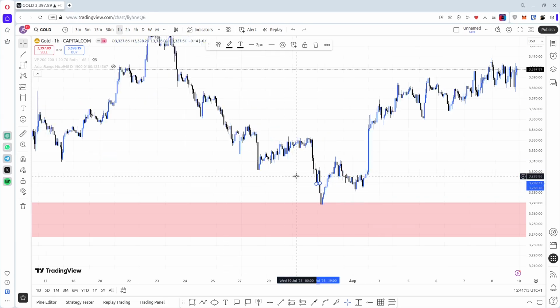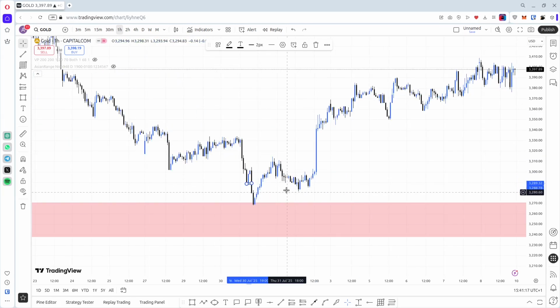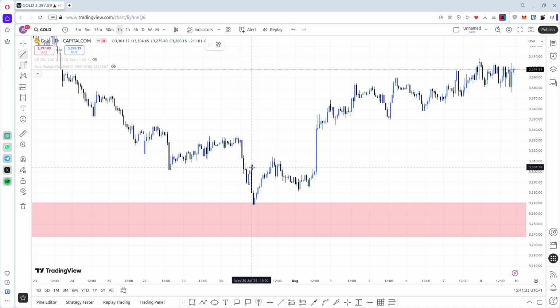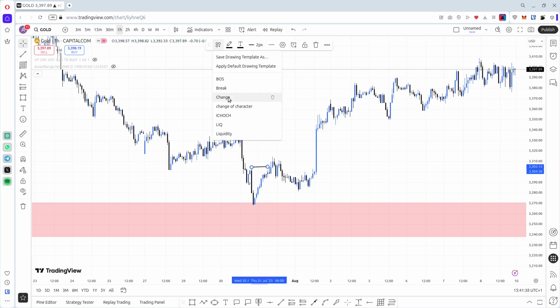I'll just denote it with the letter B, and after that we then had a change of character there. That means the market took out the current layer of resistance. So I'm just going to call it a change of character. Let me give this one a break, and then I'll put another one here to denote the change of character that took place.